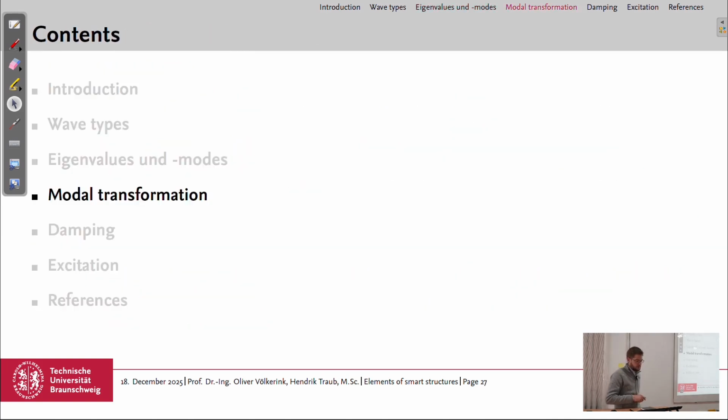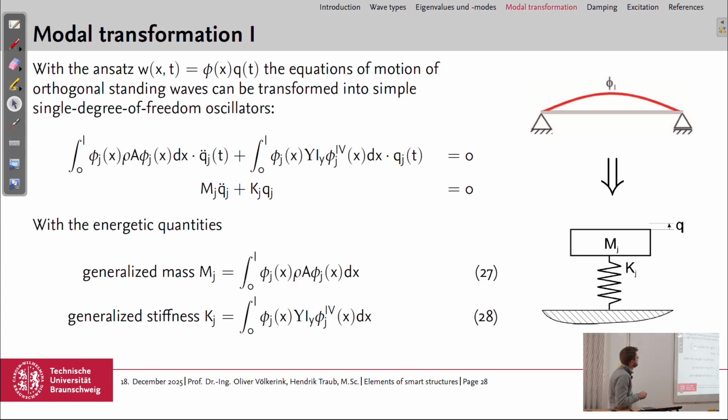And with this we can perform a modal transformation. So with the separation ansatz, describing the eigenmodes and the time, this is also called the modal coordinate, because we assume standing waves. We can transform this structure, simply supported beam, the first eigenmode, into a single degree of freedom oscillator.